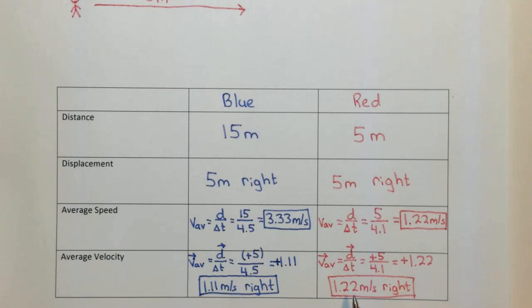Because for average velocity, it doesn't matter what path you take. All that matters is where you start and where you finish. So because blue and red actually started and finished in the same place, they both had the same displacement, but because red got there slightly sooner, red's average velocity was more.